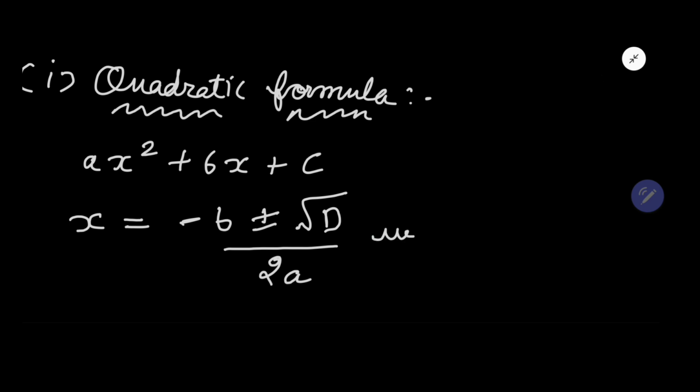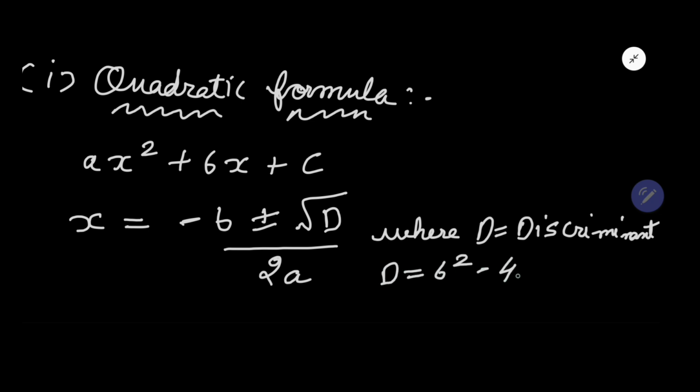where D is the discriminant and its formula is b square minus 4ac.